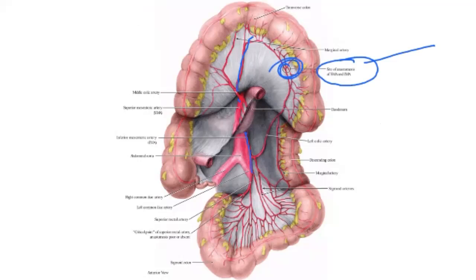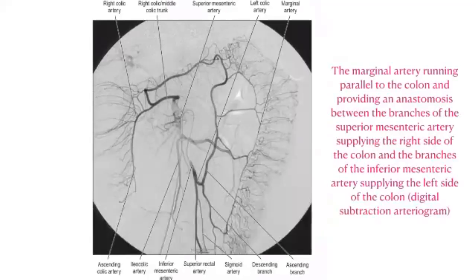All of this is the marginal artery, running parallel to the colon and providing an anastomosis between branches of the superior supplying the right side of the colon and branches of the inferior supplying the left side. In the digital subtraction angiogram, you see this is the marginal artery, right? All of this is the marginal artery. I'll show you.